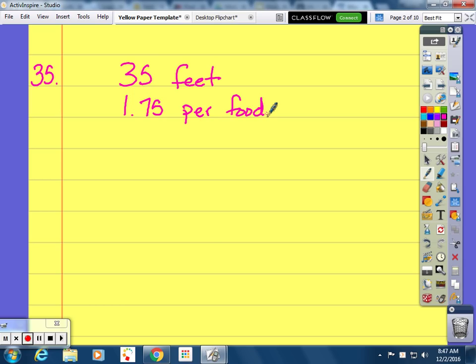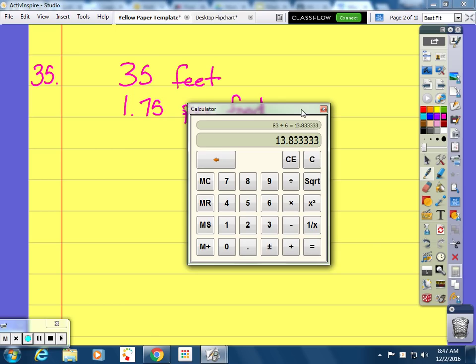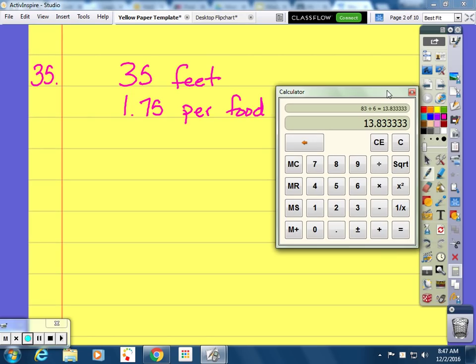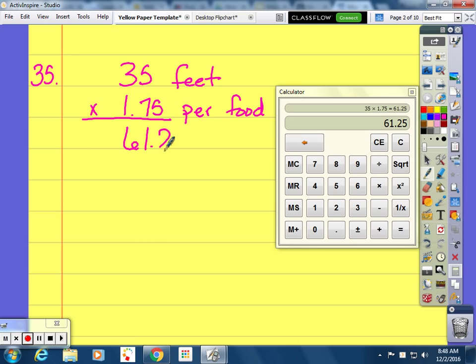Or you take your calculator and do the quick addition, which is 35 times 1.75. So we would multiply these two together, and you would get $61.25. It does not ask for the cost of the stuff. It says if he paid with a $100 bill, what would his change be? So he's paying with a $100 bill.